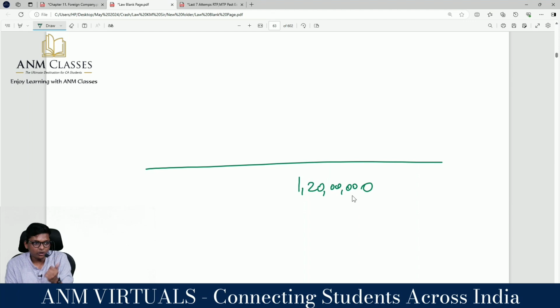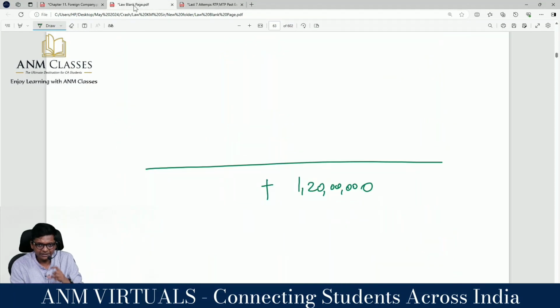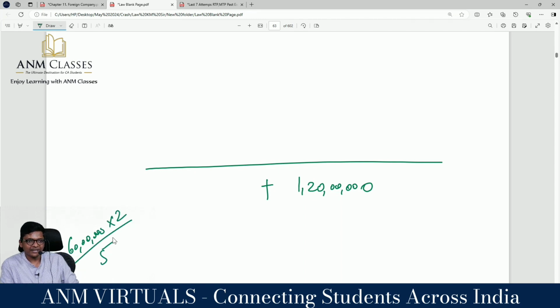Let me do it in number of shares itself, it becomes easy. And here equity, even though it is 60 lakh shares, it's only 2 paid up. That means what is the exact number? Look at this. 60 lakh shares into 2, whole divided by 5. How much are you getting?